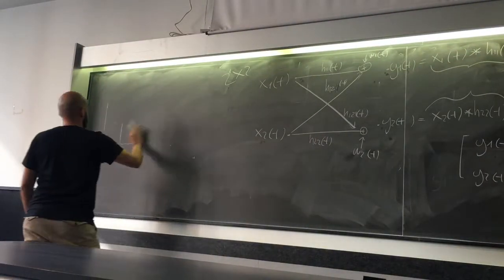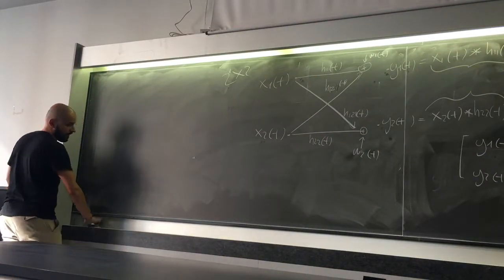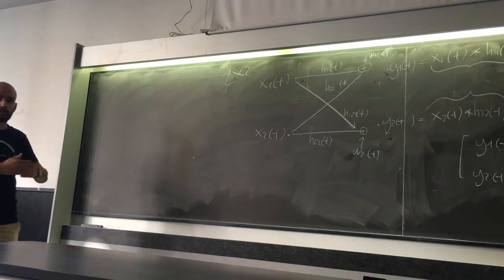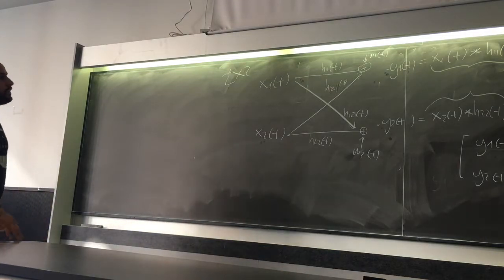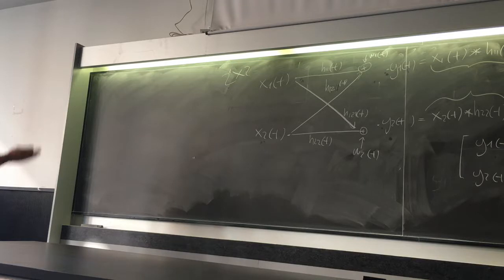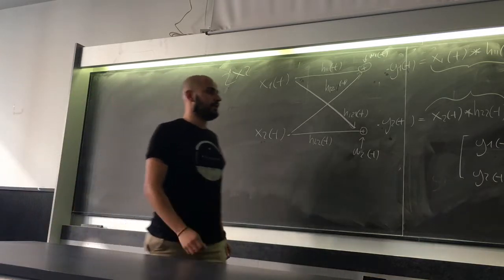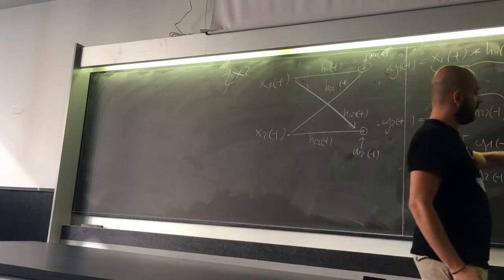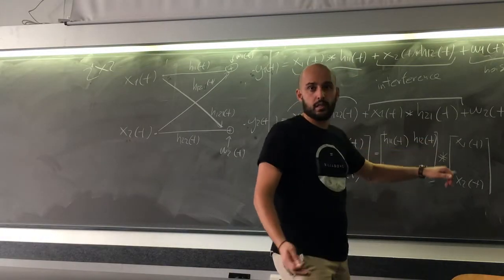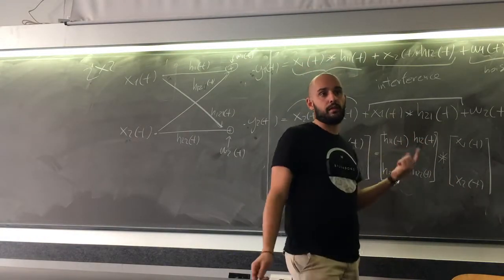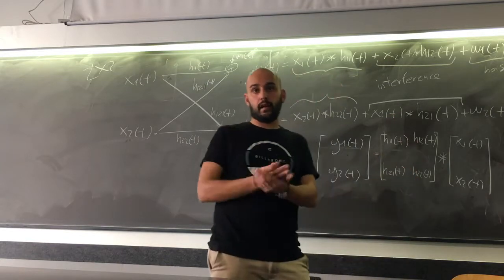Basically, we assume that the channel is a time sequence, so the channel has several time samples. An easier version of this problem is the so-called memoryless example, which means that each one of these is not a sequence, or well, it's a sequence, but it contains only one sample. It's called an instantaneous mixture.